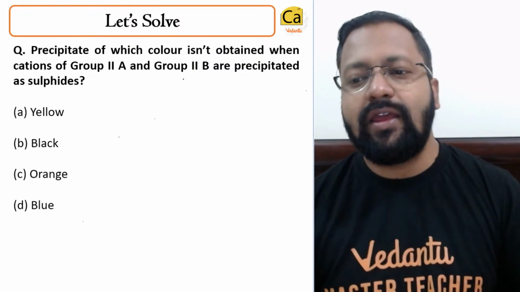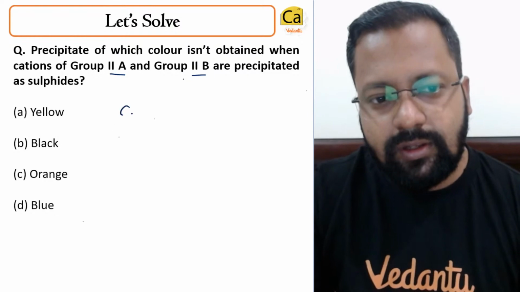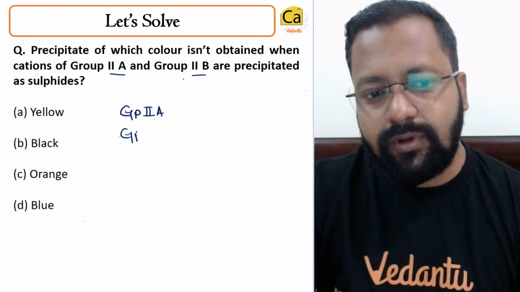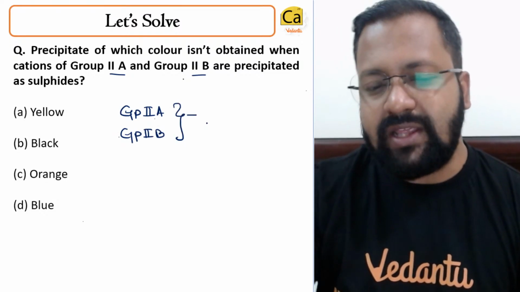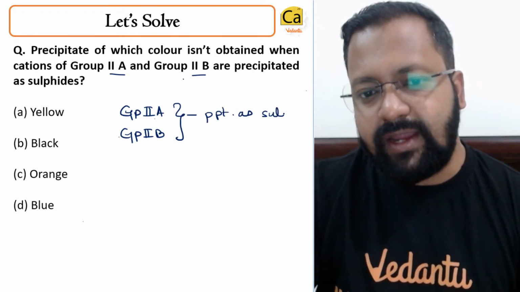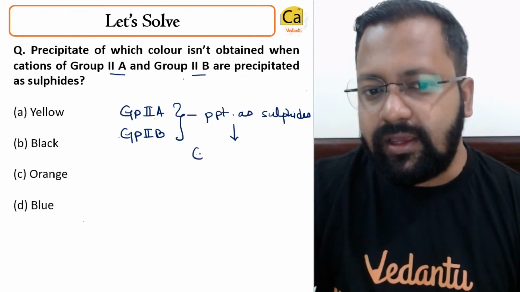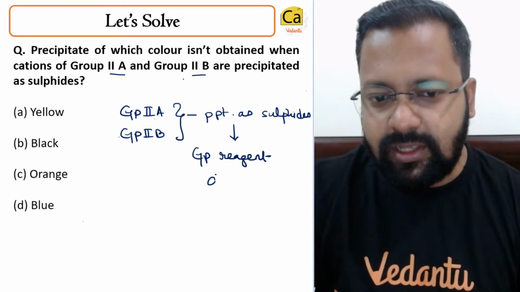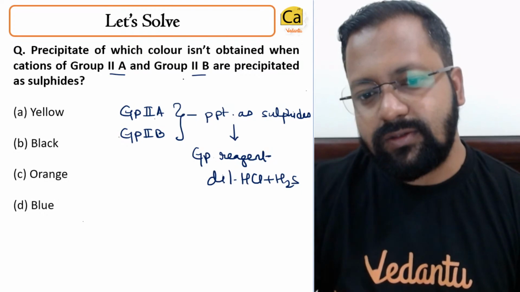Remember, group 2A and group 2B are precipitated as sulfides because the group reagent is dilute HCl plus H2S.